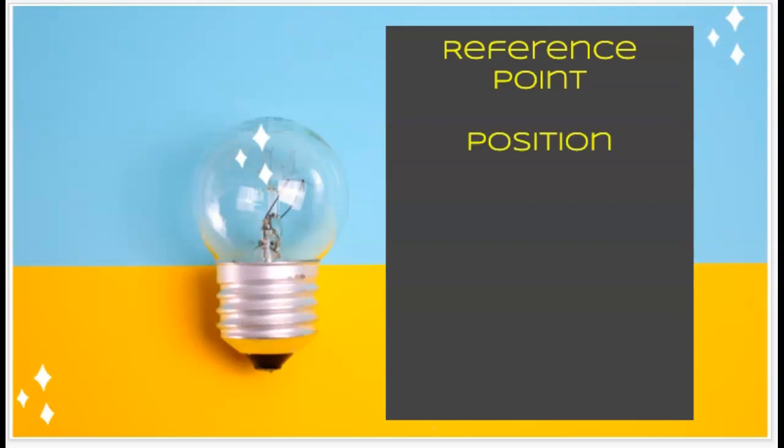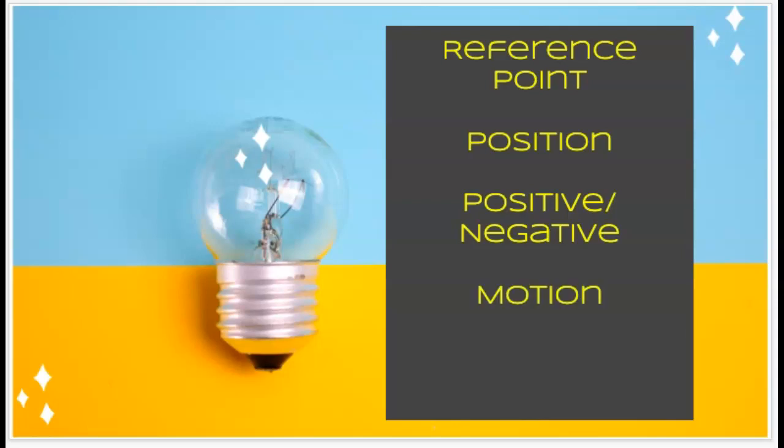We talked about position, okay? A position is where you are in relation to a reference point. We talked about positive and negative direction. Positive being things like up and to the right or forward, and negative being to the left or backward or down.